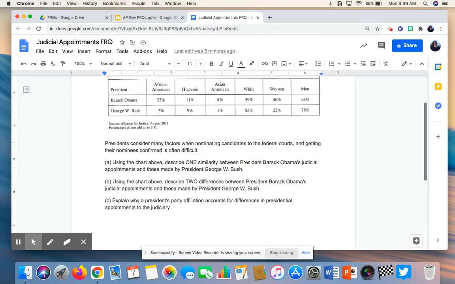You will answer each part of the question. Again, for part A and part B, you're going to use the chart. For part C, consider what we've talked about in class in terms of what a president is going to consider when selecting someone for a federal court or federal justice position. If you have any questions, please let me know.